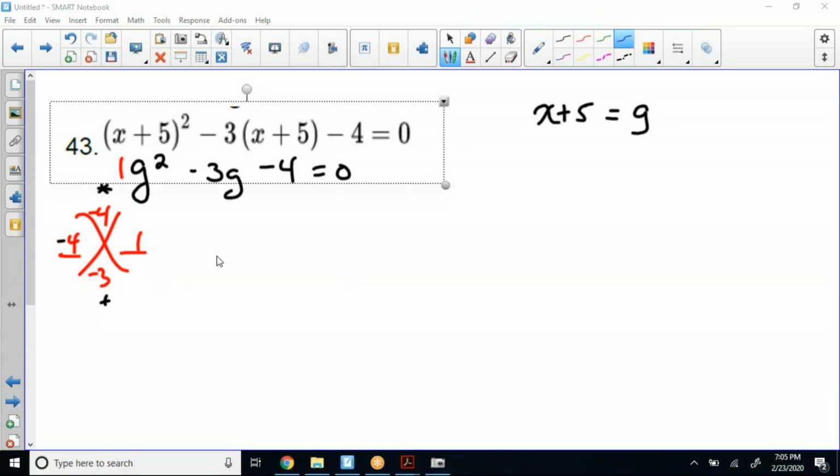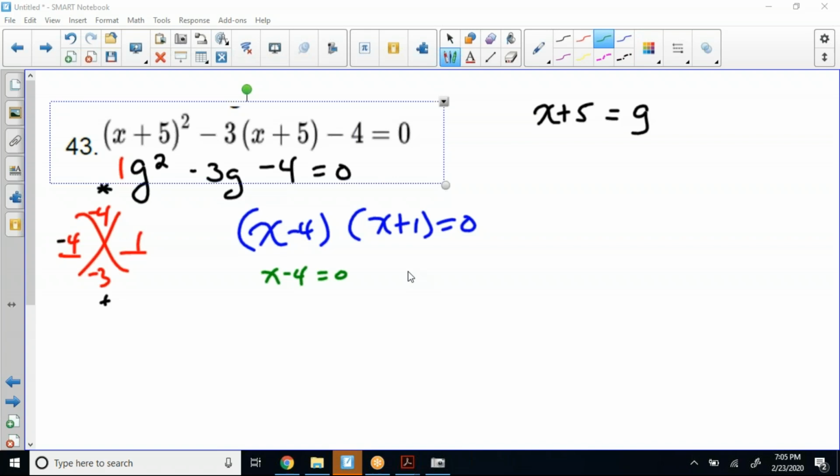Okay. So what we've got is x minus 4 and then x plus 1 equal to 0. And we will turn around and set these all individually equal to 0, these factors. And so we get x equal to 4 and then x equal to negative 1, right? So we took it to a simple little quadratic.